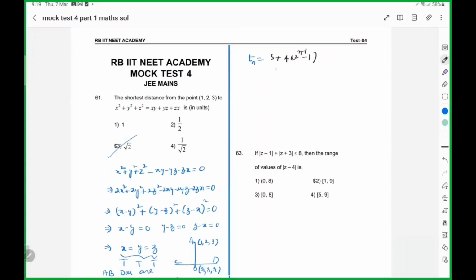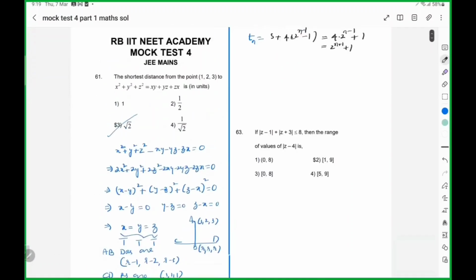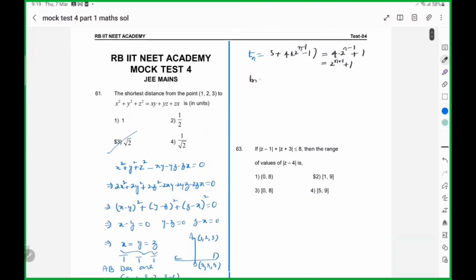If you simplify this, 4 into 2 power n minus 1 plus 1, or 2 square times 2 power n minus 1, plus 1. So the nth term of the series is (2 power n plus 1) by 2 power n, which is 2 plus 2 power minus n.